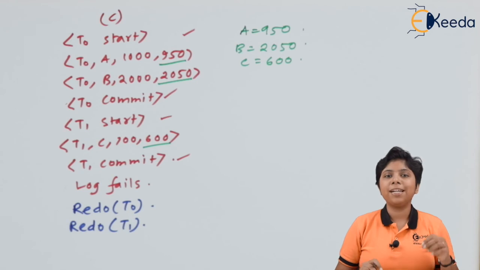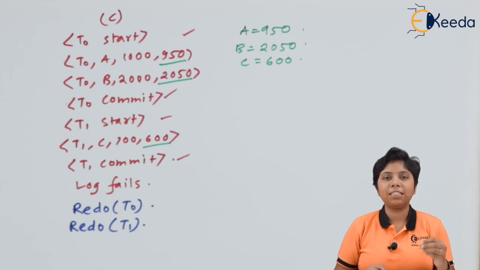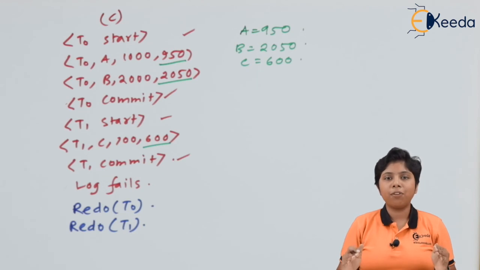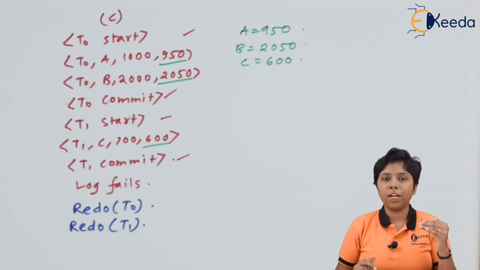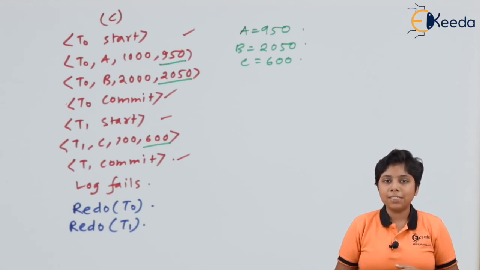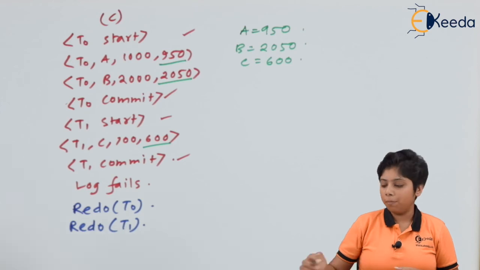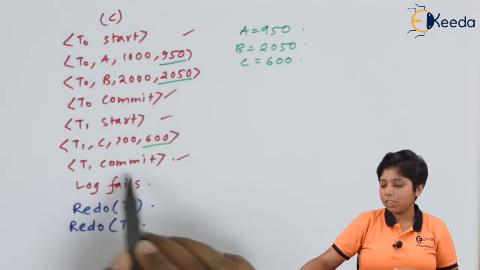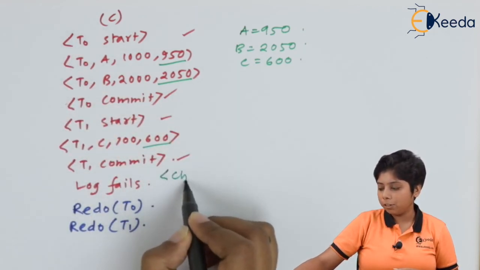Checkpoint is the point till which we consider the log to be completed successfully. After the checkpoint that we have made, we will check the log only up to this checkpoint, not to the start of the log. Say suppose we are having some problem on this log, and after this T1 we have one checkpoint.